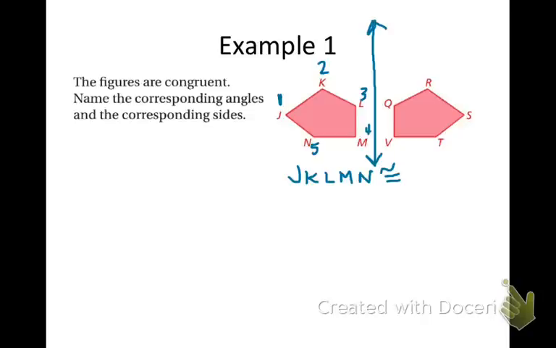So if we reflect it back, you can line up the vertices and it would be S, R, Q, V, and T. So now we have these relative positions. I'll go ahead and number them. Angle 1, 2, 3, 4, and 5. Angle 1, 2, 3, 4, and 5.